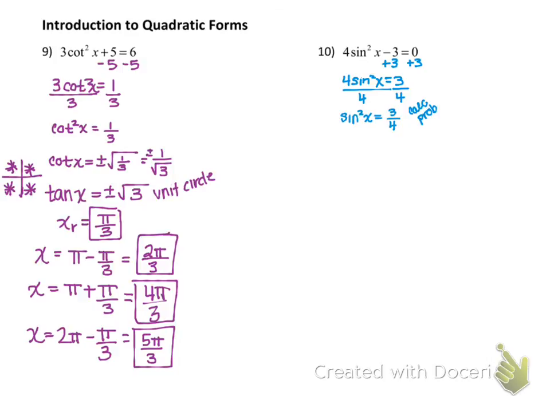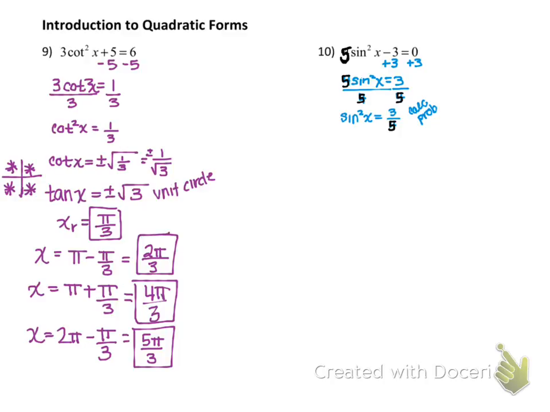Actually, I believe I changed this problem in class and I made it a 5. So let's go back and do that, because the square root of 3/4 actually will give you a unit circle value, and I don't want one. I want to do an example with the calculator.